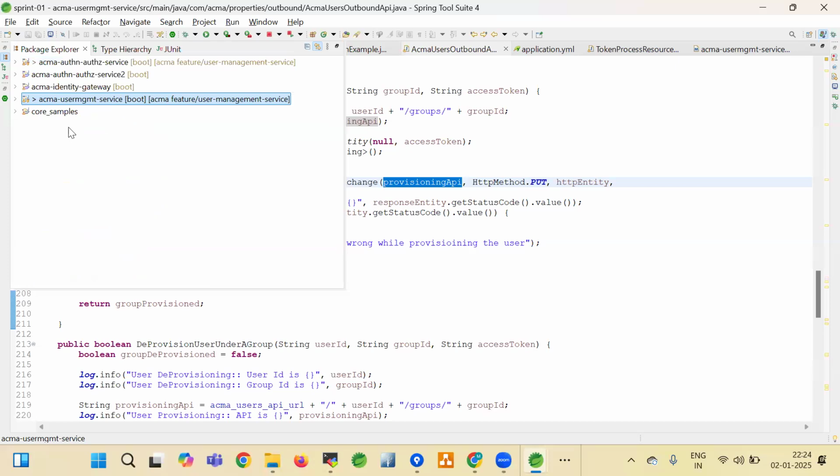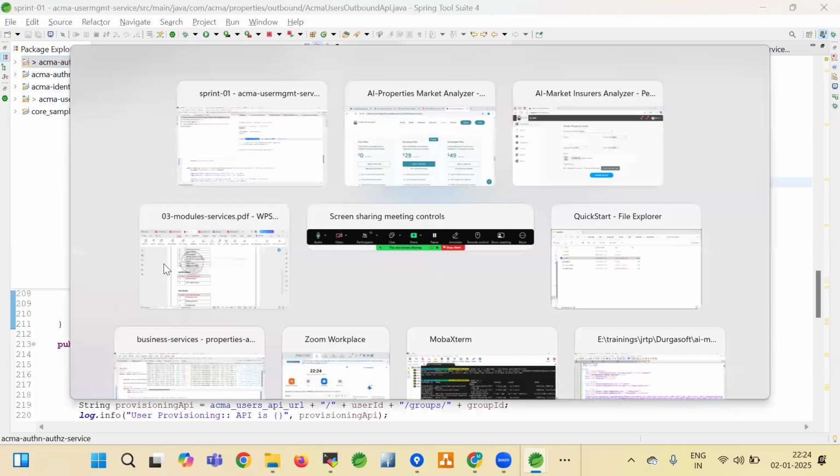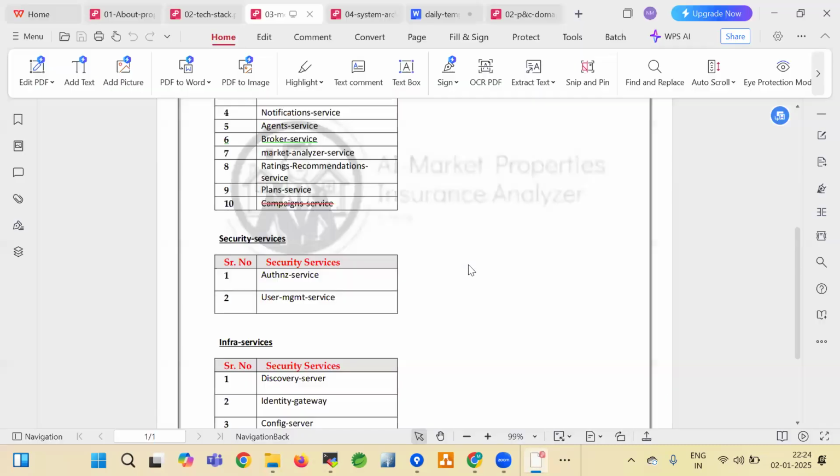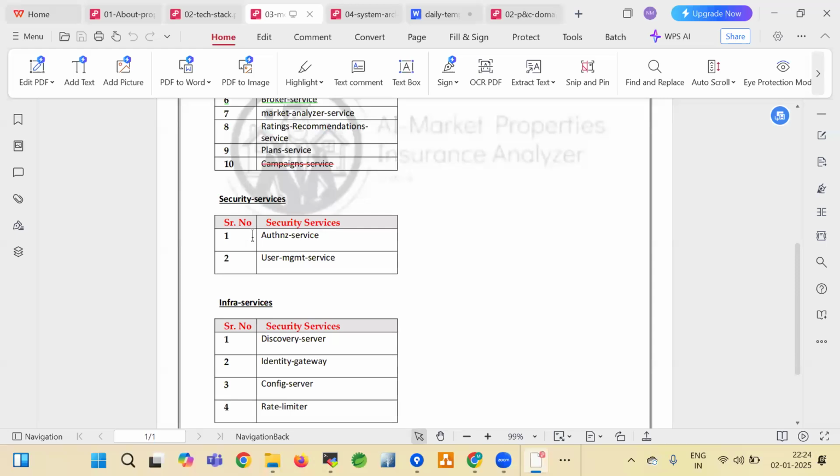Then the next security service, not business service, is the auth service, meaning authentication and authorization. It deals with providing the authorization tokens to us.